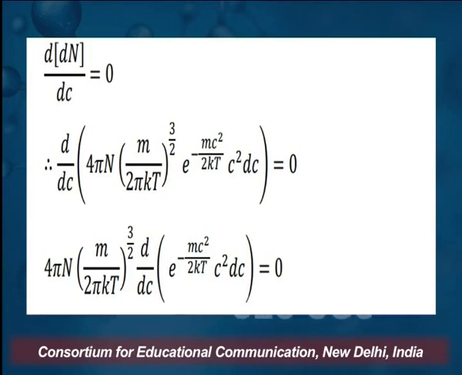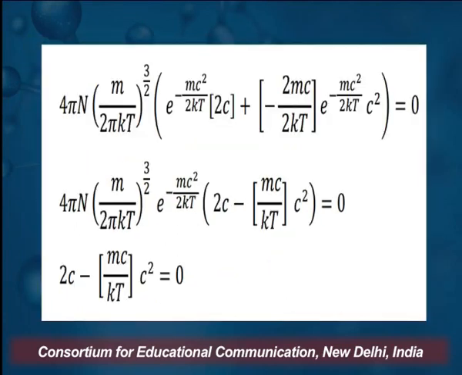This means we have to differentiate e^(-mc²/2kT) into c². These are two terms. The first term is e^(-mc²/2kT) and the second term is c². So we have to use now the product rule. As you can see, again outside the bracket we have 4πN (m by 2πkT)^(3/2). The differential of the two terms is yielding two terms now because of product rule.